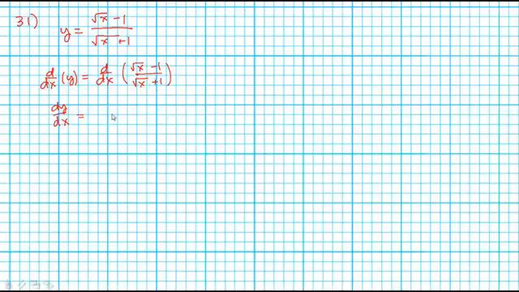So we say the quotient rule mantra, which is going to be the top multiplied by the derivative of the bottom. Oops, I messed that up. Let's try that again.